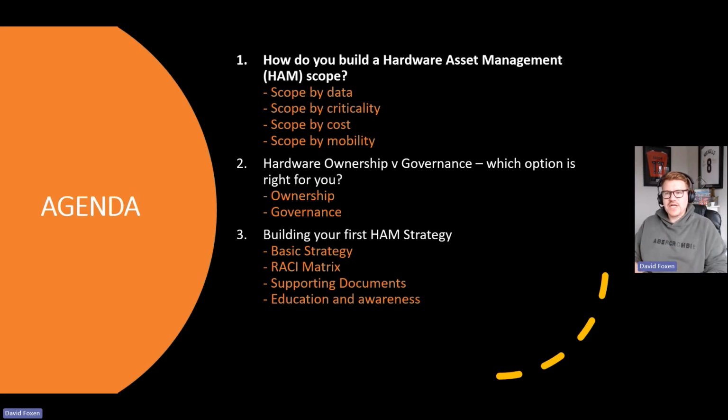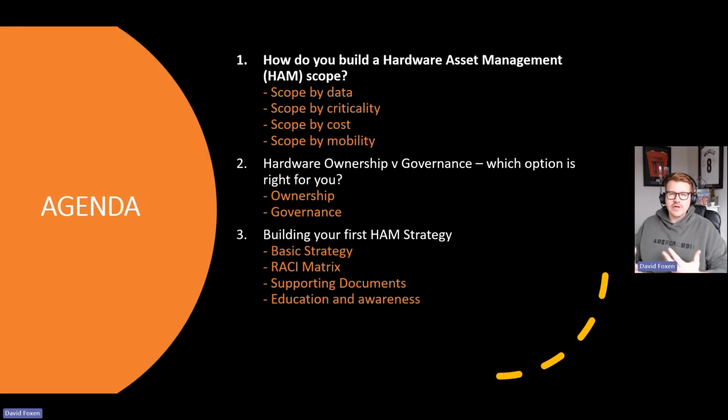So let's go through the agenda for today. There's going to be three key areas that we're going to be discussing. The first one is how to build your hardware asset management scope. We look at the different ways in which you can do this through data, criticality, cost, mobility, etc. We're going to look at the hardware ownership versus the governance model for the IT asset management or hardware asset management team, and which one might work well for your organization and your ITAM team.